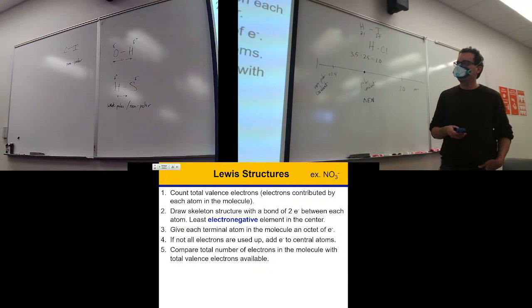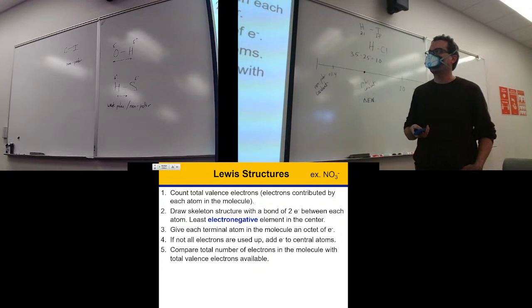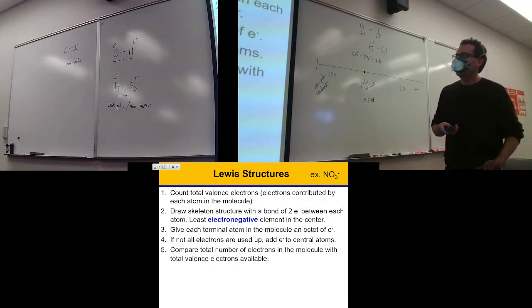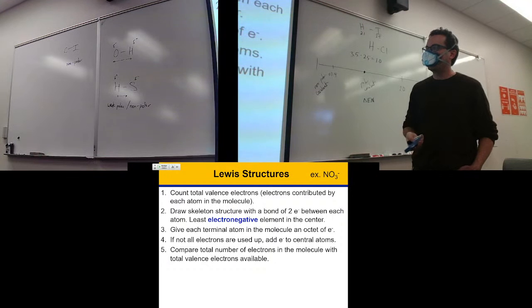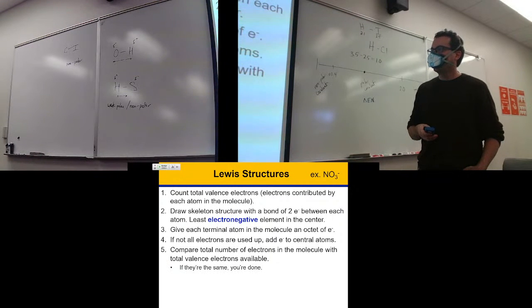If not all electrons are used up, add electrons to the central atoms. It's kind of a different way of stating what I'm saying: do the octet rule for the central atom. Then compare, this is a check. This is you checking your work. Make sure you're showing all the correct numbers of electrons and that they match your original total. And if you do the same, you're done.